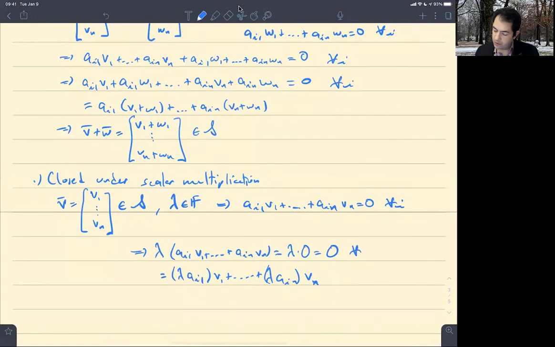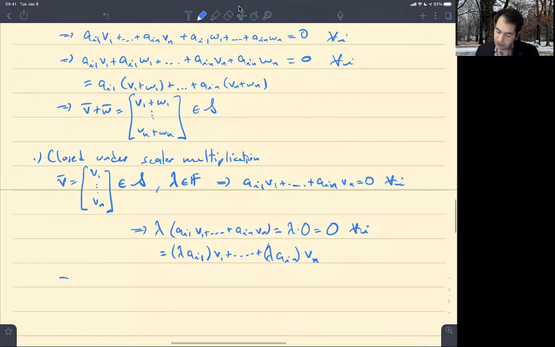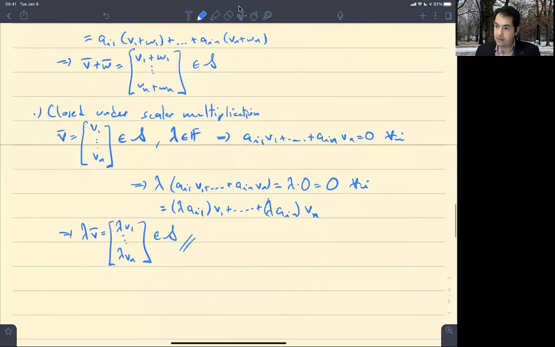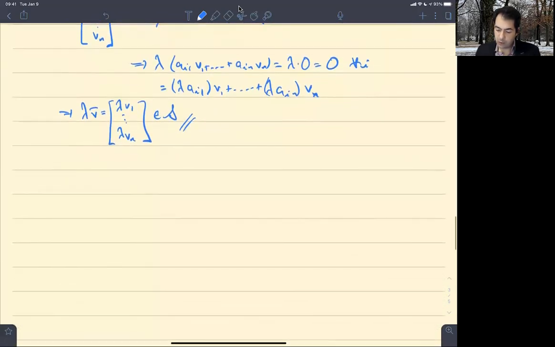And since I get 0 for all i, that tells us that the vector lambda times v, which is lambda v1, ..., lambda vn, is an element of S. And that's what we needed to check. So we're done. The set of solutions to a homogeneous system is always a subspace. Okay, let's do another example.